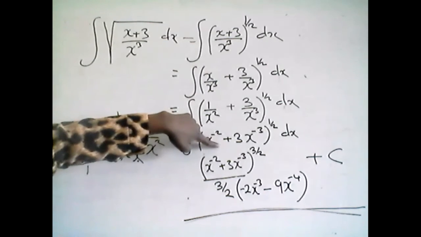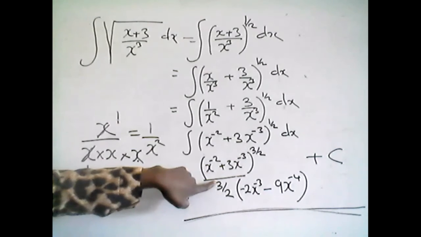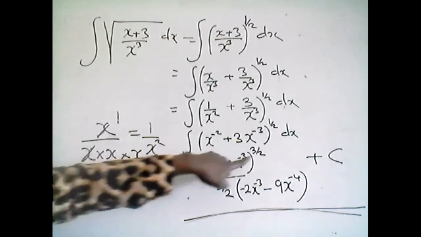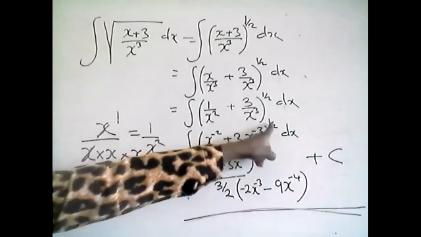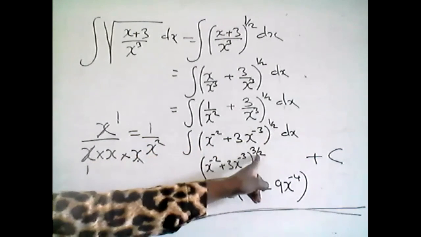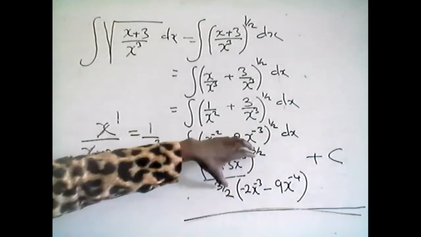This step? Yes. Now the power there, you've added 1. When you are integrating, we add a 1. So here we have 1 over 2 plus 1, we are going to have 3 over 2, which is this. But what you get, you have to divide by it. We have divided it, it's here. This is the first step.